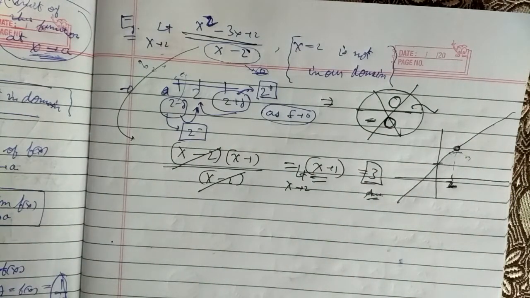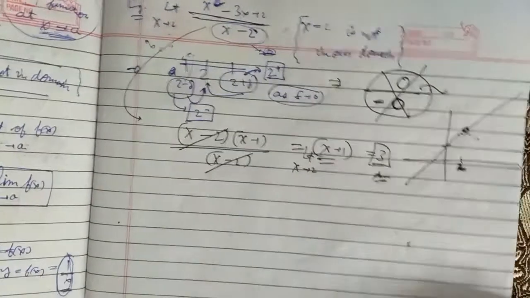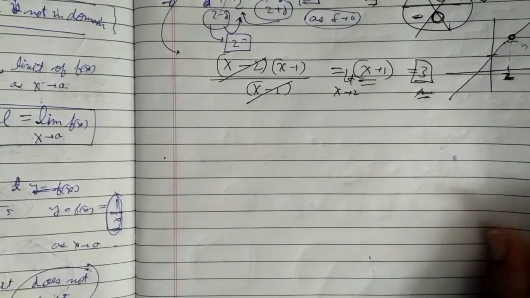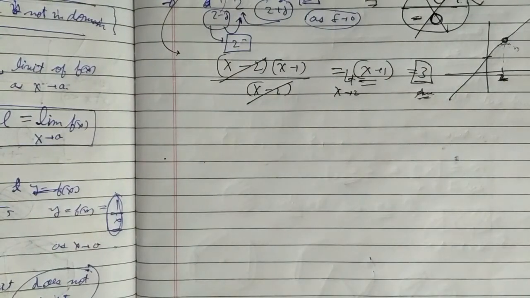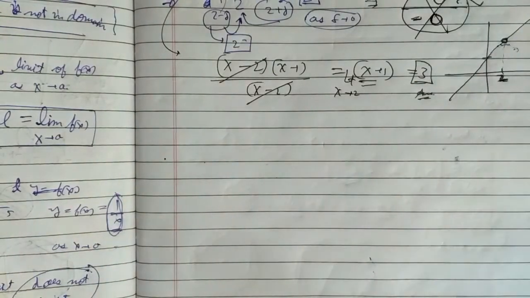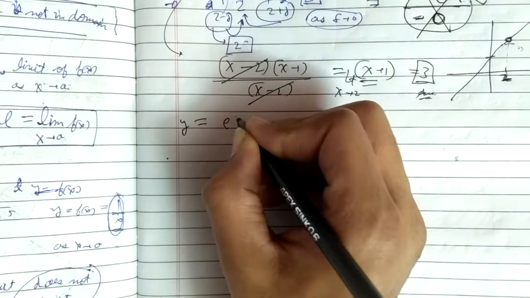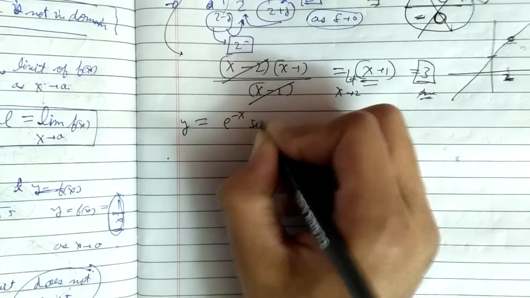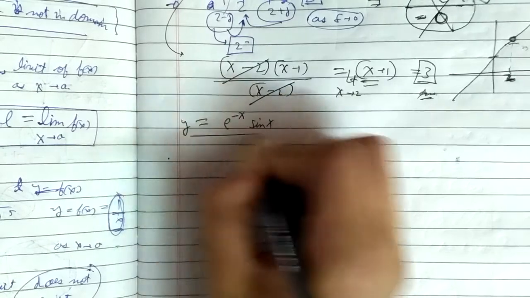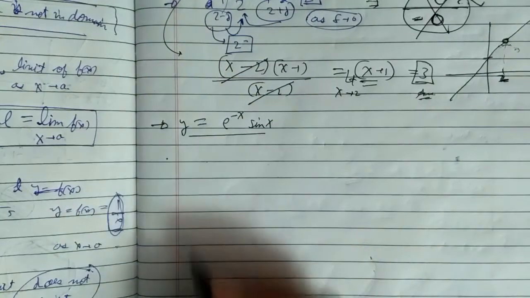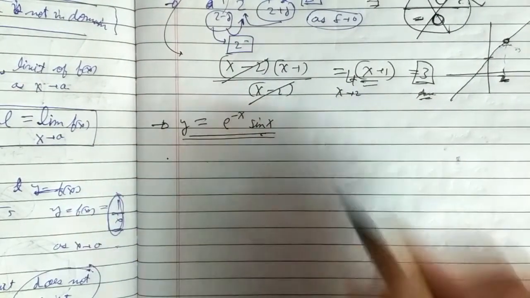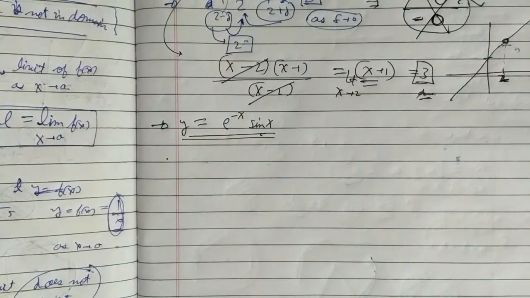Okay, so moving forward, now let's do a few good examples, for example some oscillating functions. If we would take the function y equal to e power minus x sin x, and we would study its graph.